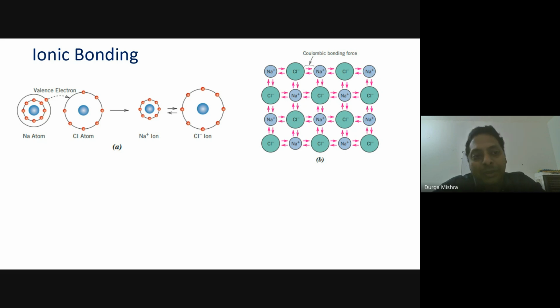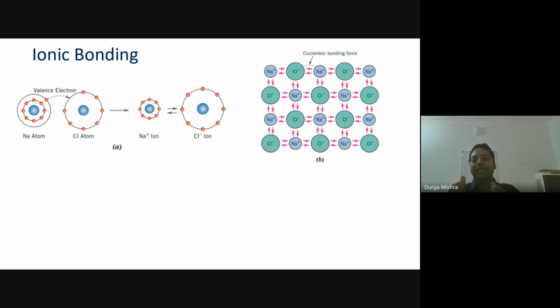Now if this electron goes to an atom which wants one electron to fill its outer shell, it will easily accept that. That is the chlorine atom, which has 7 electrons in the outer shell, so it will take one more and become 8, a fully closed shell. That's how this bond formation happens. So Na plus and Cl minus will form, and you have a bond.